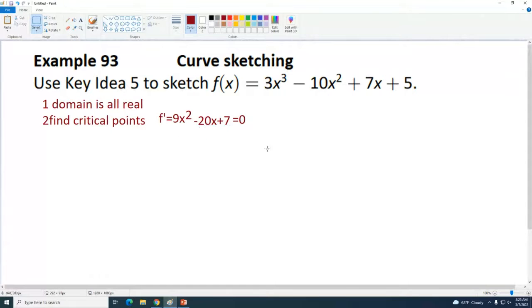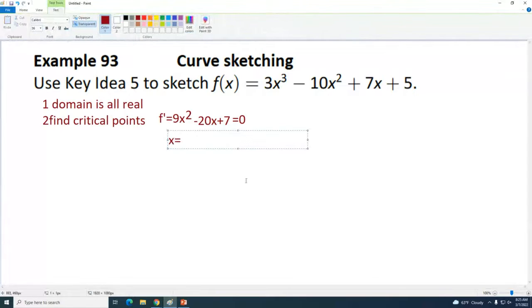All right, so let's try to find the solution of the equation with the quadratic formula. So x is equal to, the numerator is negative b plus or minus the root of b squared minus 4ac.